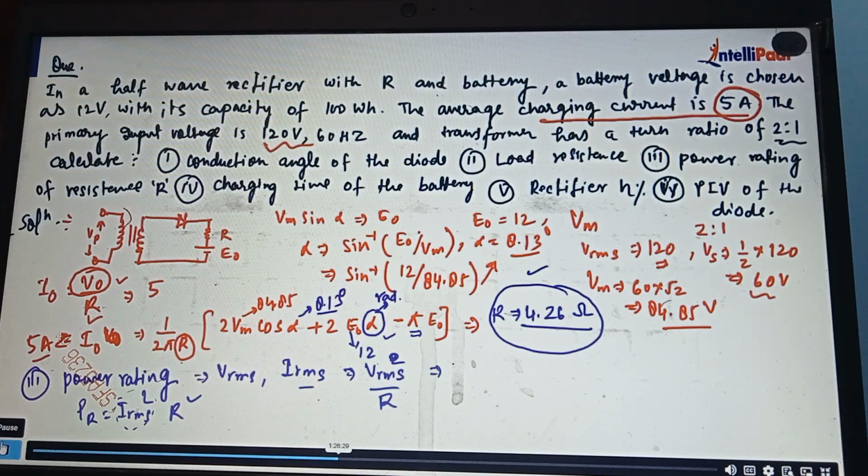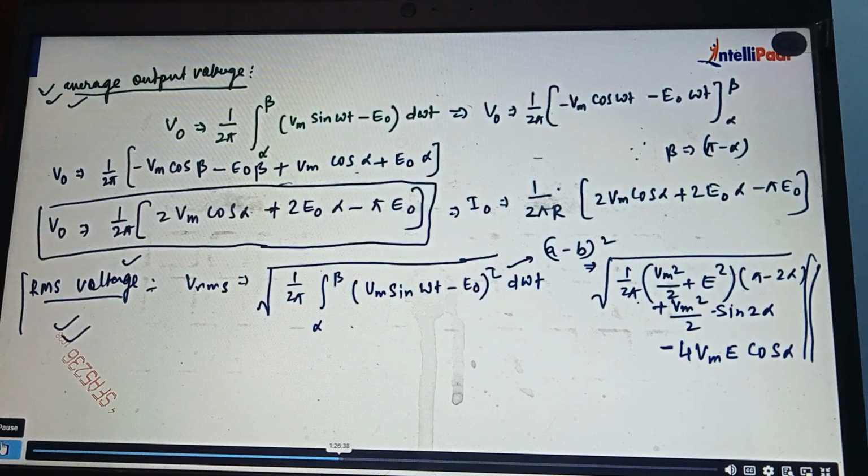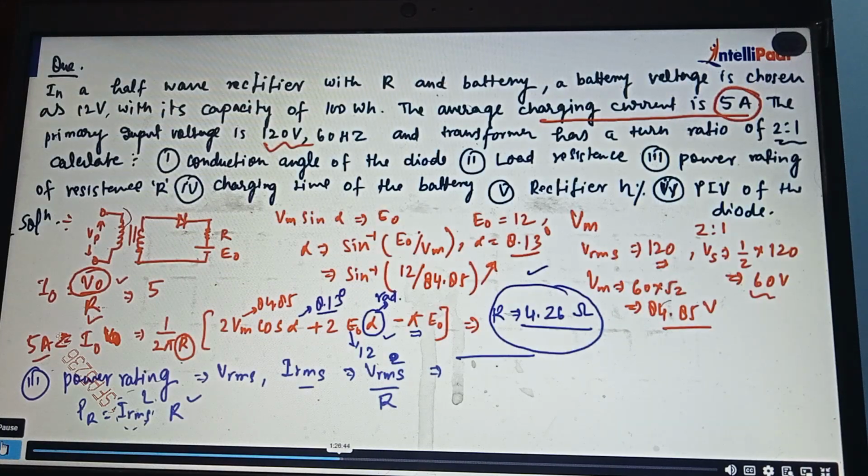So what is this VRMS? VRMS already we have calculated from the previous one. So this is the value of VRMS. We have to put this value. Correct? So I'm writing directly here the value of VRMS divided by R, that you will get IRMS 8.21 ampere.